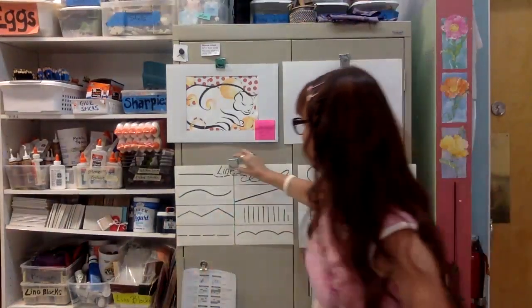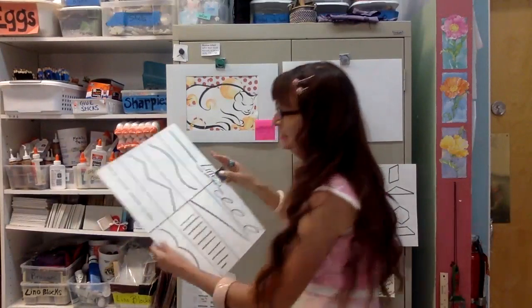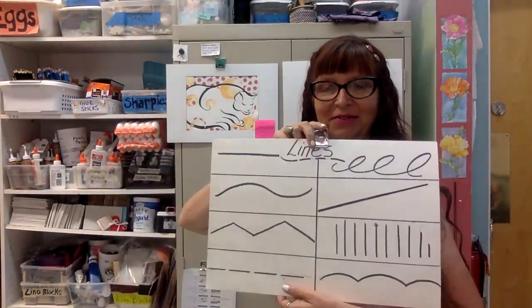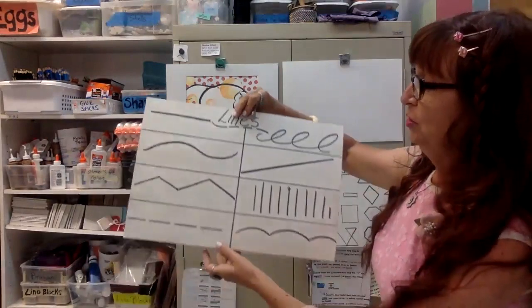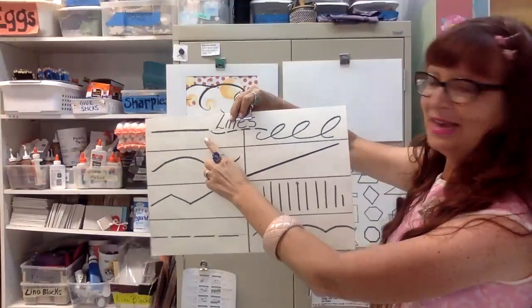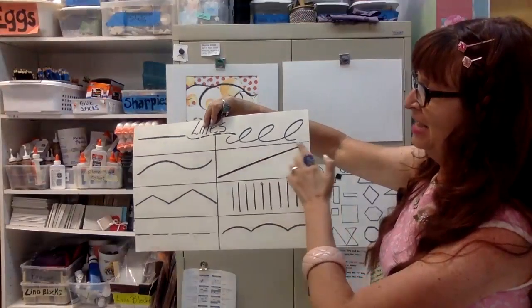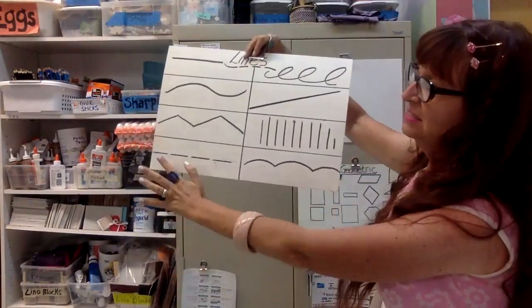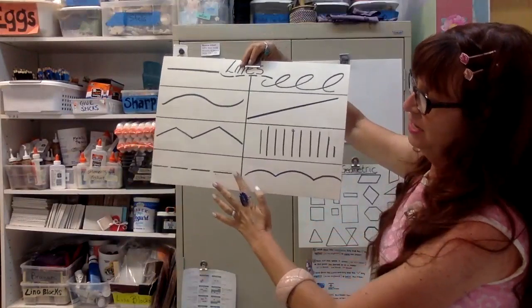Before we do that, I also want to review with you different types of line, right? So we've got more straight lines. This one's called a horizontal straight line. This is a diagonal straight line, and this is a dashed or a dotted straight line.